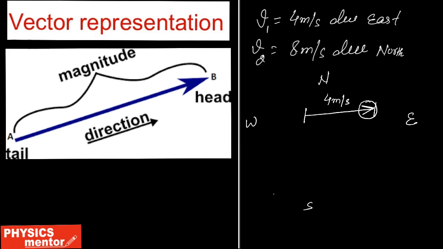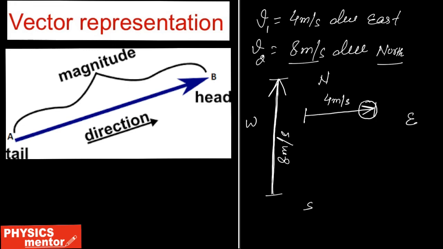Now we have to draw 8 meter per second due north. This time when you draw 8 meter per second, the length of this vector will be more than the first one. So this is our 8 meter per second due north. Look, this time we have taken this length to be more in comparison to this one.